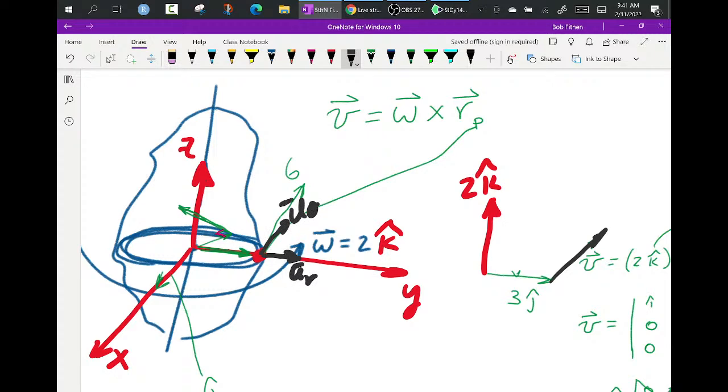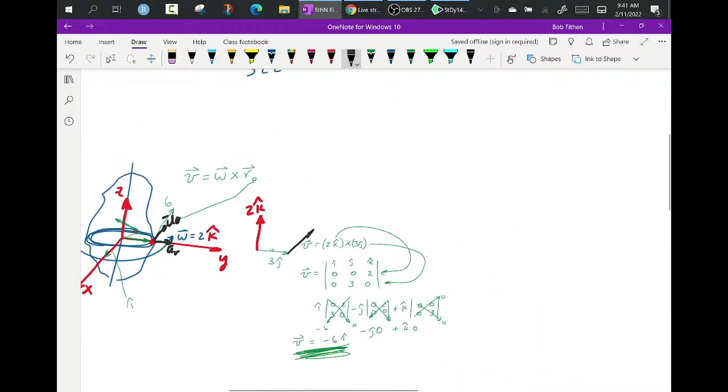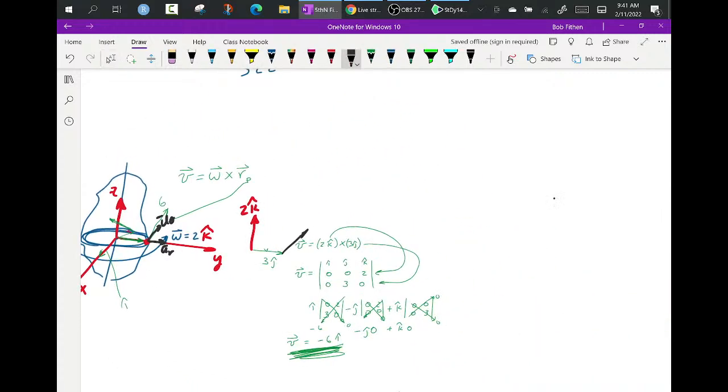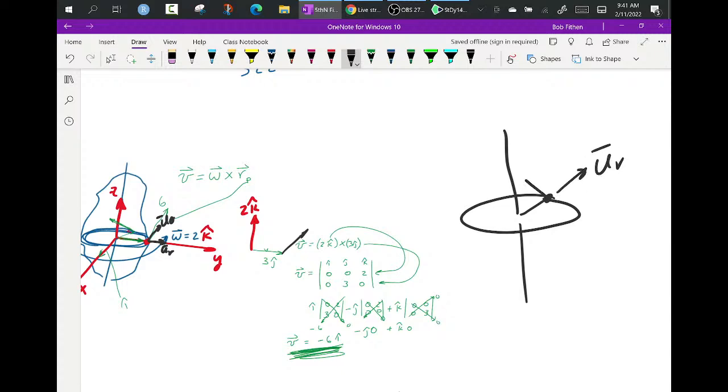Even if you rotate it around, say you had a disk spinning about some axis and you were over here, this would be ur, this would be u theta. So they track each other.